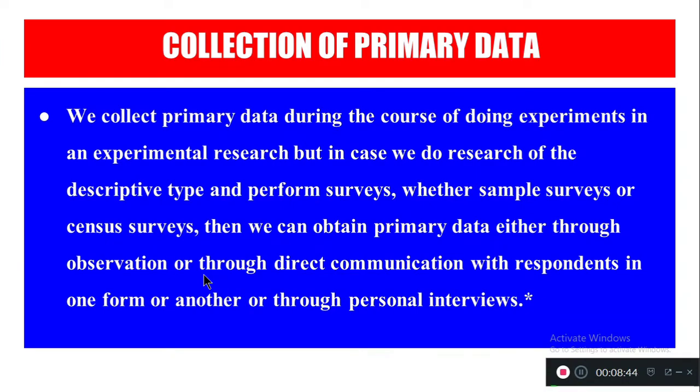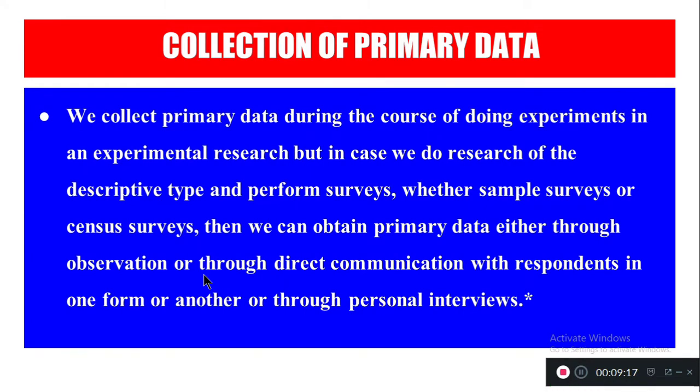Then we can obtain data either through the observation method or through the communication method. In the observation method, we just observe the behavior and lifestyle of some samples or some persons, and we record it in the data sheet. Whereas in direct communication, we have personal interviews with the sample, and through those interviews we collect data by asking questions and getting answers from them.